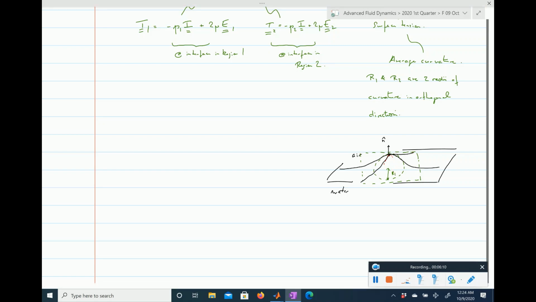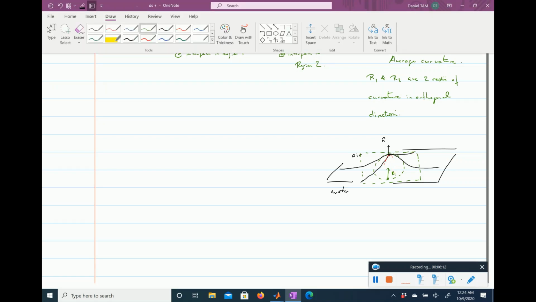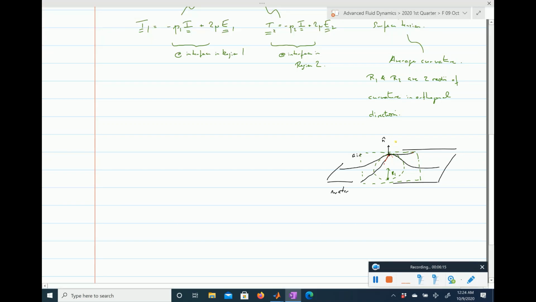But if you looked at the shape of the interface in this other plane, then you might have another radius of curvature which is much smaller, or larger, or it could even have a different sign. So the intersect here might be R2, sorry.